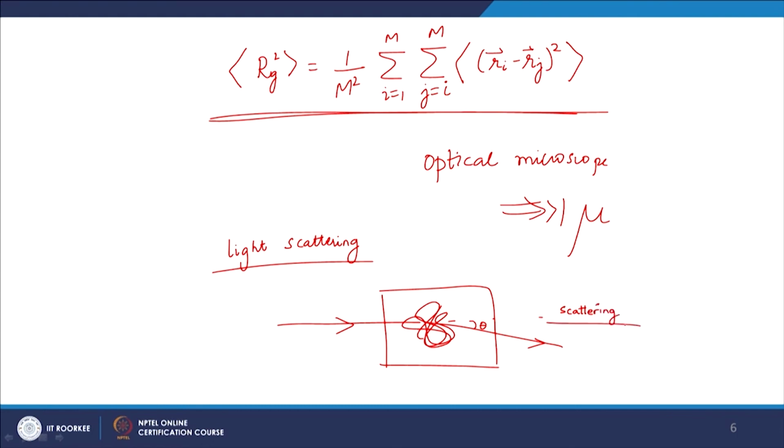Now, if I want to look at objects of different sizes, I can play with lights of different wavelengths. When, for example, I am using an X-ray, I can see objects which are much smaller compared to when I use, for example, a visible light. Okay. So, by varying the nature of the light source, I can look at objects in different size ranges, and this is one principle that is used in computation of radius of gyration.